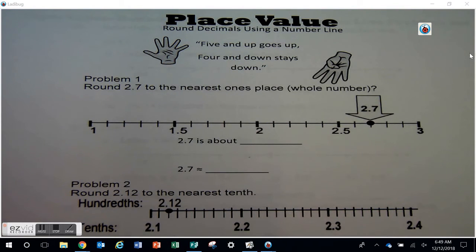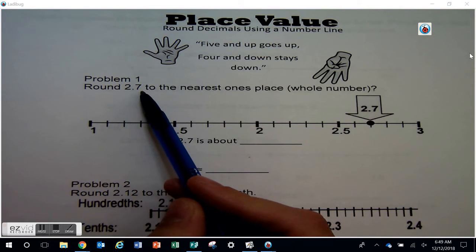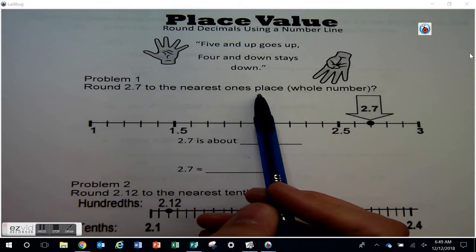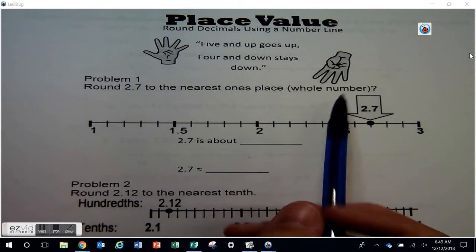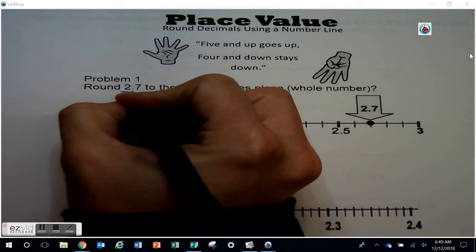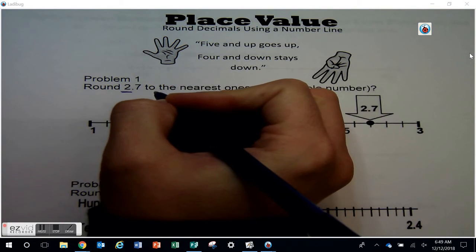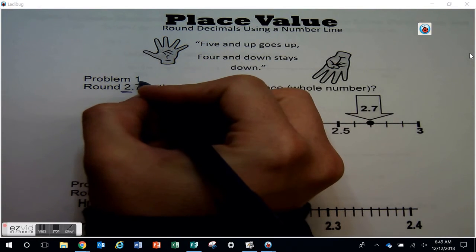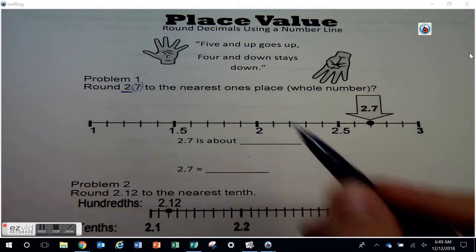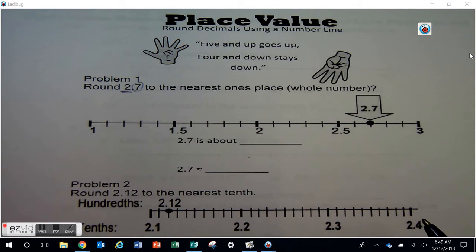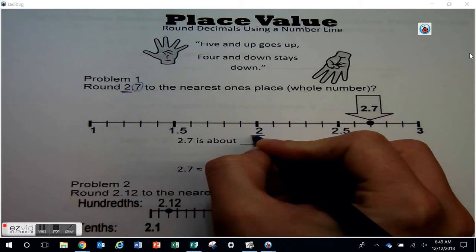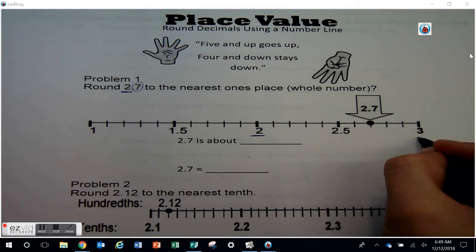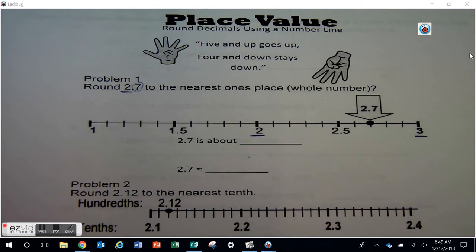Round 2 and 7/10 to the nearest ones place, or whole number. So here's my ones place. And here's that neighbor that I'm looking at. 2 and 7/10. Well, the ones place is either going to be 2 or it's going to be 3. Those are my ones digits. Well, 2 and 7/10 is here on a number line.